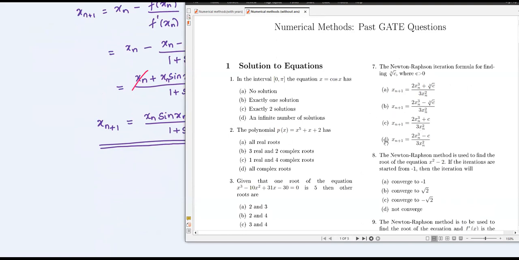All right, now the Newton-Raphson iteration formula for finding the cube root of c. Take f of x as x cube minus c, and then you do it.